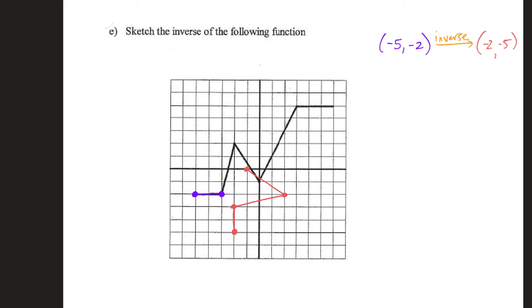So x-intercepts become y-intercepts, y-intercepts become x-intercepts. My next key point, that is at 3, 5, is going to get transformed to 5, 3. And my last key point at 6, 5 is going to get transformed to 5, 6. And now I should be good to be able to connect all of that stuff and confirm my picture.